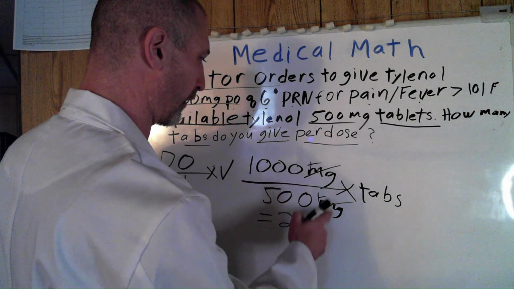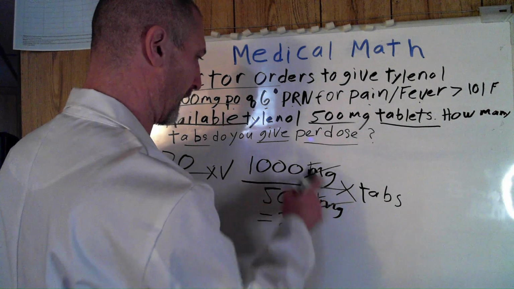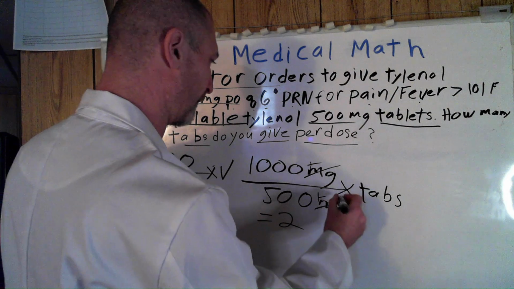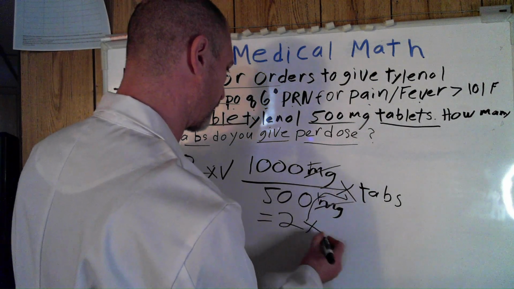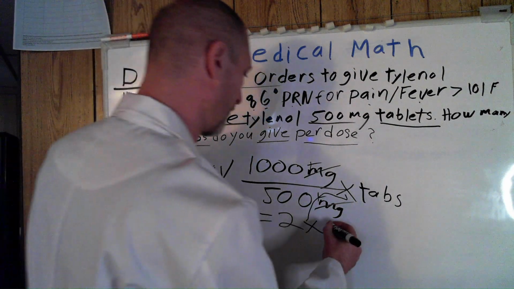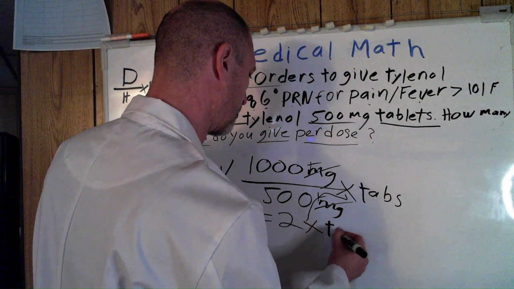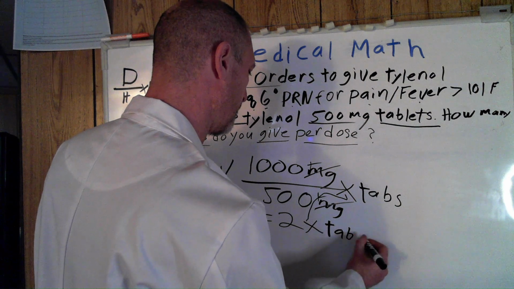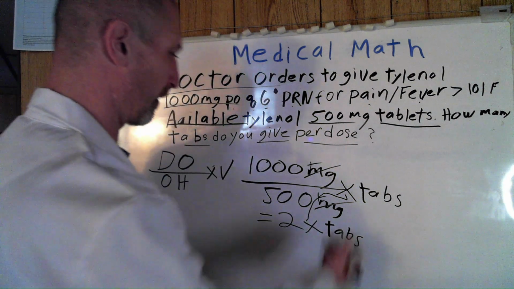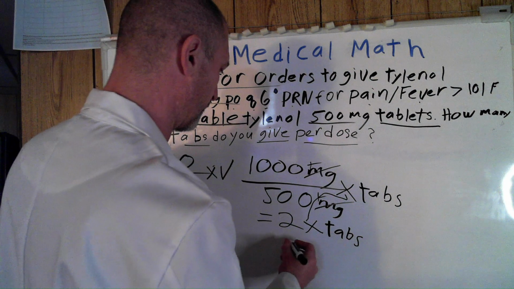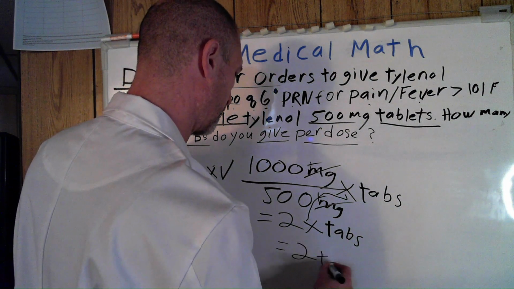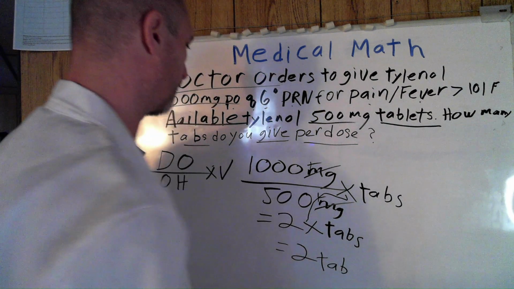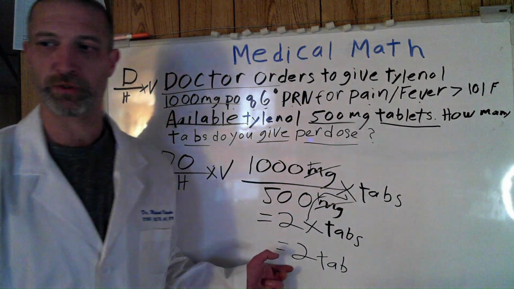Milligrams is no longer in the equation because they are canceled out. So then that leaves us to bring this down, which is going to be our times our vehicle. In this case, it is going to be tablets. 2 times tabs equals 2 tabs. We're going to give our patient 2 tabs.